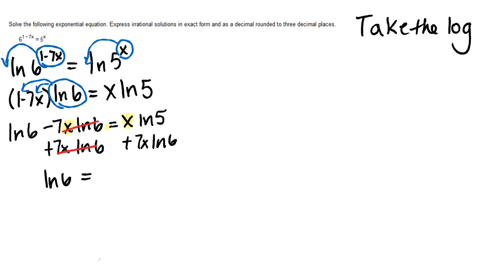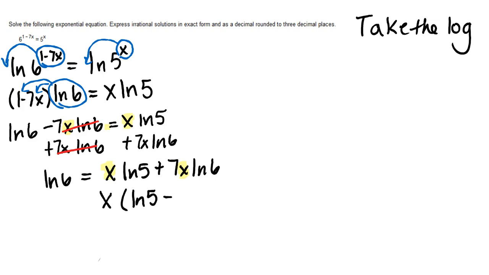On the right side, we have x natural log 5 plus 7x natural log 6. Then I'll factor out the x that these two terms have in common, leaving me with natural log 5 plus 7 natural log 6. The other side I'm just carrying down.